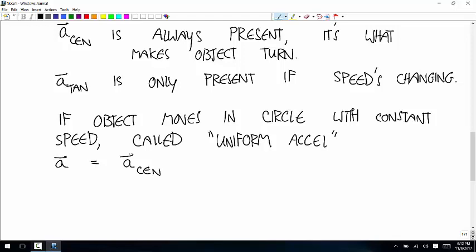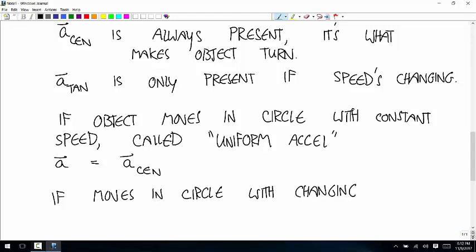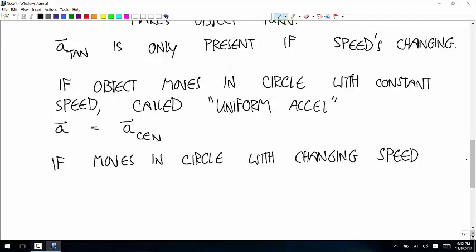There's no tangential part. If it moves in a circle with changing speed, it's called non-uniform acceleration.